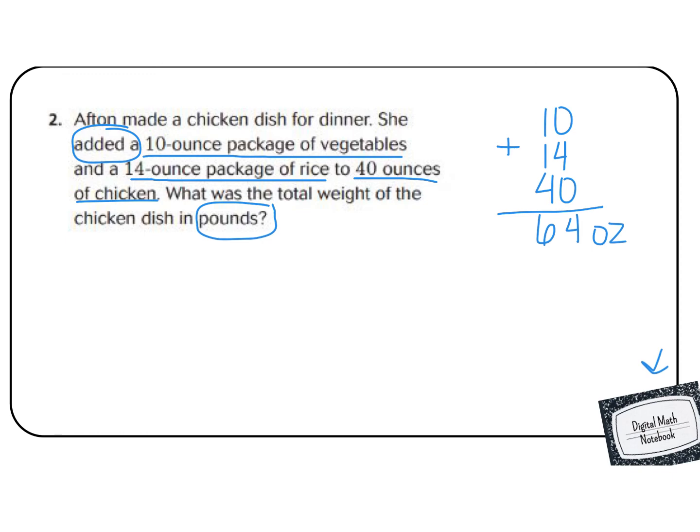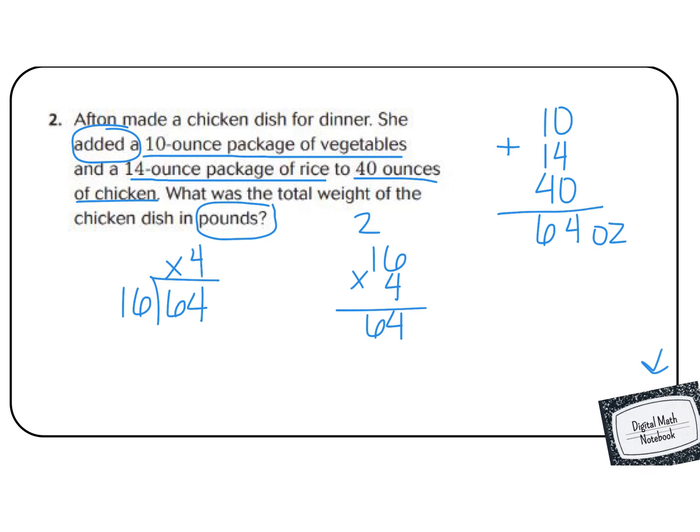So in our conversion chart, we need to know that there are 16 ounces in a pound. So we need to divide 64 by 16. It can't just go into 6, so we have to go into the whole thing. So let's try, how about 16 times 4 and see if it gets us close. 6 times 4 is 24. 1 times 4 is 4, plus 2 is 6.